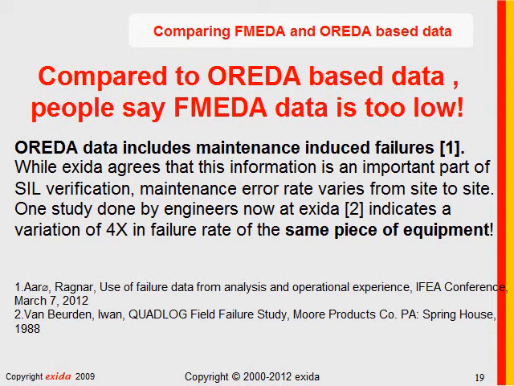exida completely agrees. However, one study done by exida found a 4x difference in the failure rate of the exact same piece of equipment based on maintenance-induced failures. 4x? That's very interesting to me.